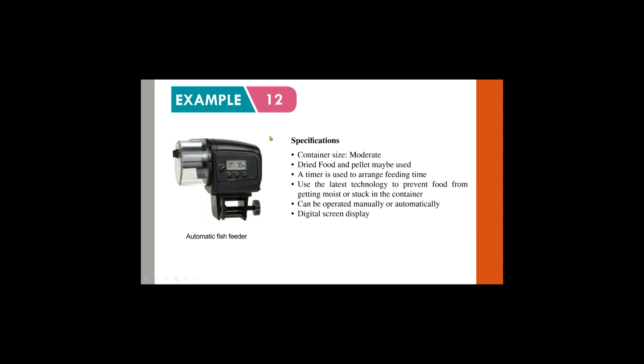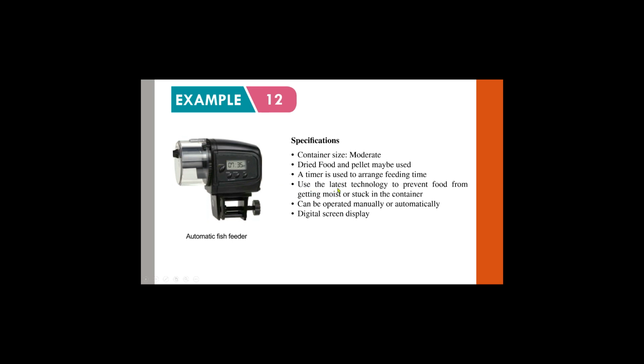Okay, let us look at the specification given first regarding this automatic fish feeder. If you have fish at home, it's very good to have this. Sometimes when you go traveling, the feeder can help you feed your fish. The container size is moderate, and it can store dried food and pellets. A timer is used to arrange the feeding time, so you can set what time you want to feed the fish.